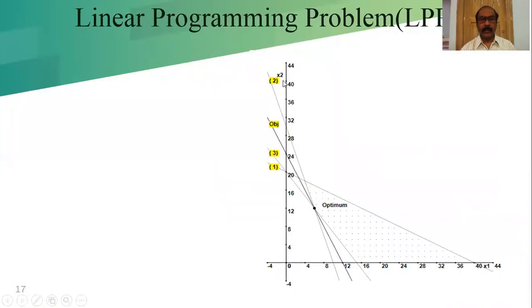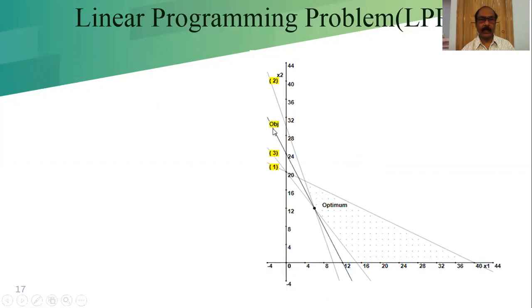Now see, this figure is drawn with the help of software. This is one constraint, this is another constraint, this is another constraint, and this is our feasible region. This dark line is the objective function.